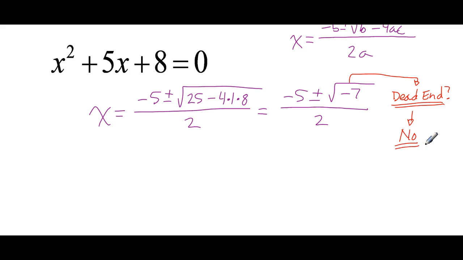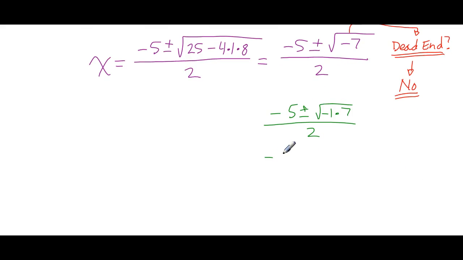You can't stop just because you see a square root of a negative. What you have to do is take that negative number, so we got negative 7 there, break it up as negative 1 times 7, and just like we've done in the past with other square roots, break that up as 2 square roots. And i squared is the new thing we've learned.